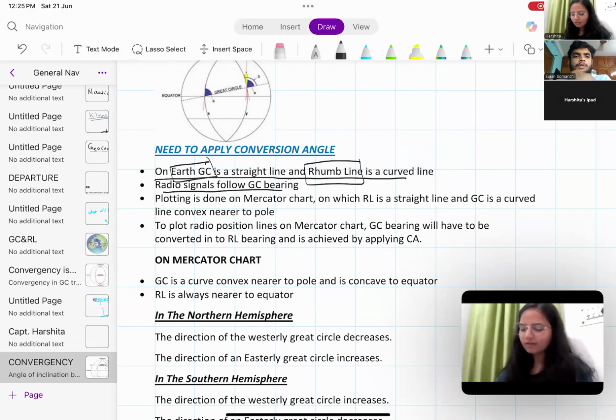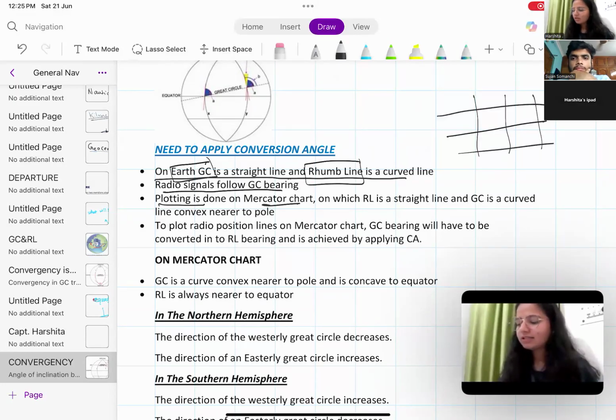But the plotting is done on the Mercator chart. Earth is a sphere and you are just trying to take the imprint of that globe, of that sphere, on a paper. So when meridians, longitudes, latitudes are drawn on a sheet of paper like this, the rhumb lines are drawn as straight lines and the great circles are drawn as curved lines, for the northern hemisphere like this, and for the southern hemisphere like this, right?